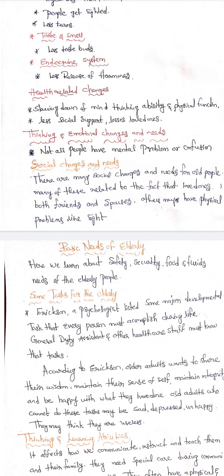They cannot think properly, they cannot give proper answers. Next, physical function. Impaired physical function means they will not be able to do any activity without assistance. They always need an assistant for any physical activity.